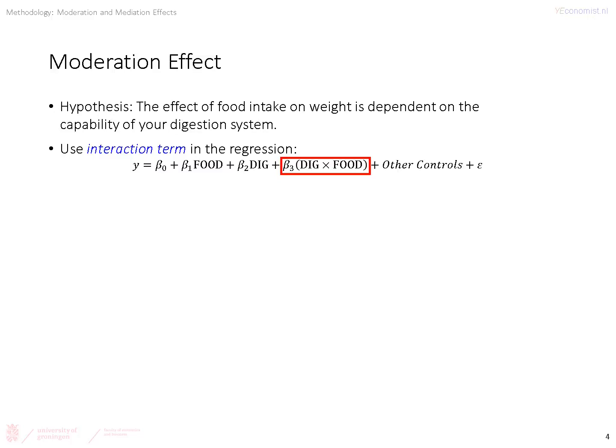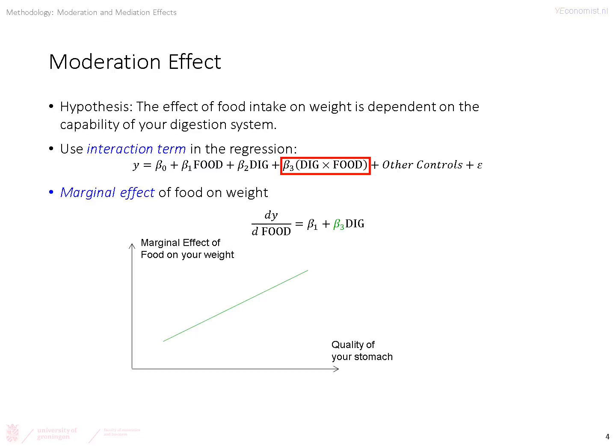By taking the derivative of this regression equation with respect to the variable of food, we are able to derive the so-called marginal effect, and it represents the ability of food in making you fatter given a particular level of the quality in your digestion system. So if we have a beta 3 that is significantly positive, we will have an upward sloping marginal effect curve, and that confirms our hypothesis that if you have a better digestion system, you are more likely to be fatter even when you just eat the same quantity of food as your friends.